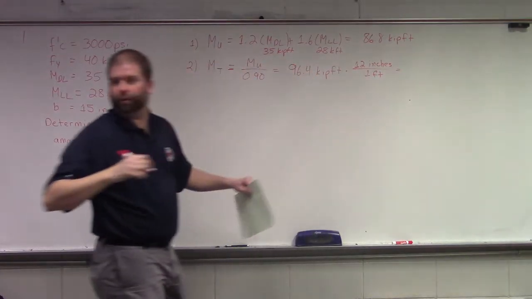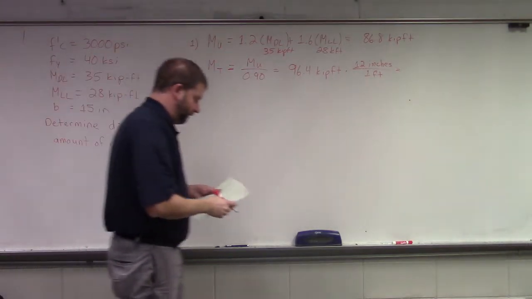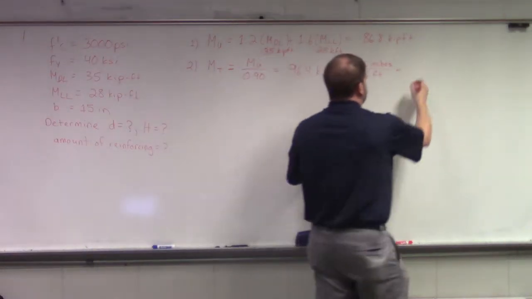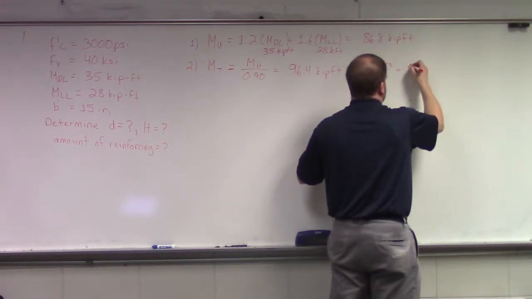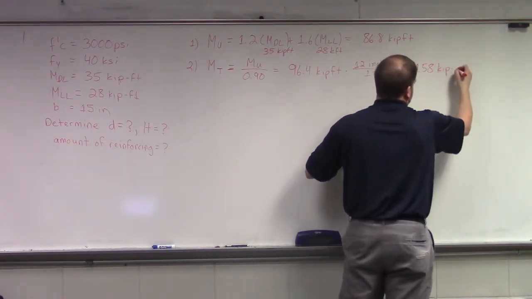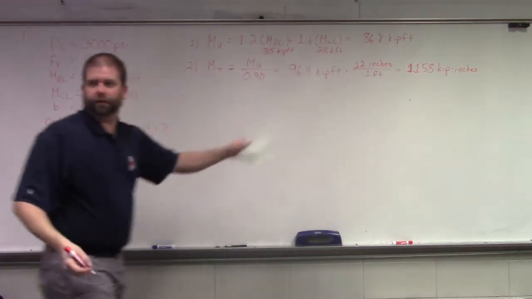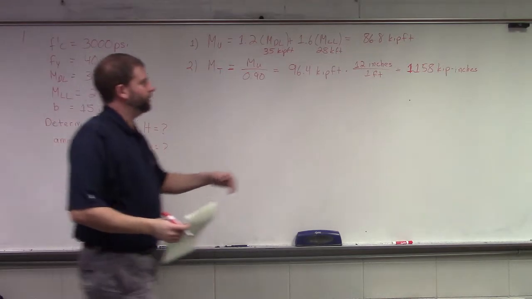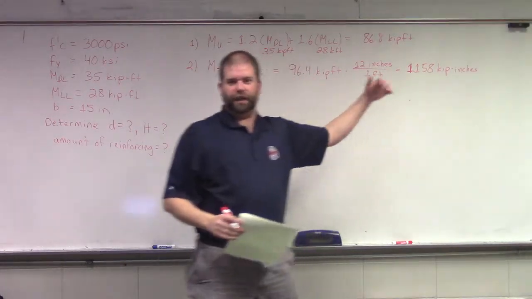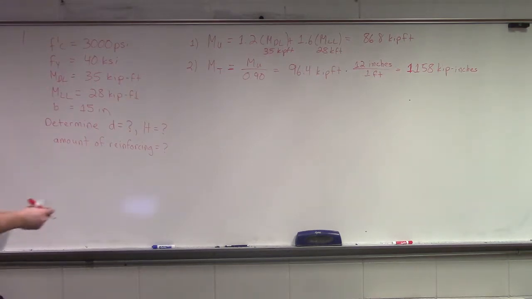Multiply by 12, that moves you into kip inches instead of kip feet. Depending on how you round things, that ends up giving you about 1,158 kip inches, if you're playing the home version.